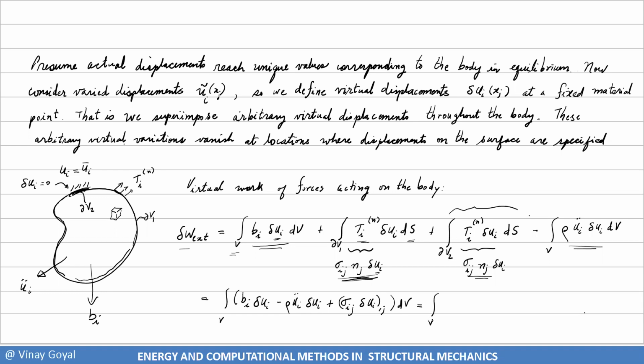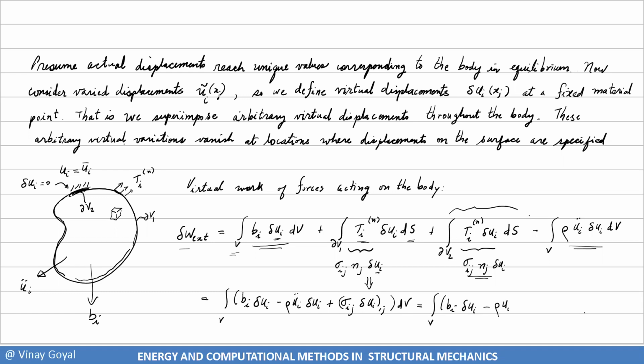So I converted that surface integral into this volume integral using Gauss theorem. So I'll now transfer this comma j over to each of these using the product rule. So I have bi minus, and I will write the del ui again. So everything step by step.